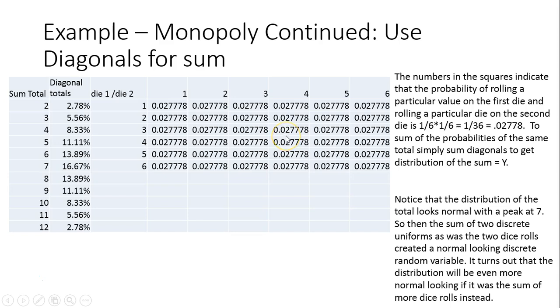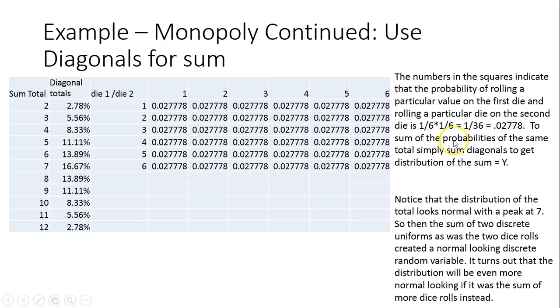Again, it's 1/36, because to get a 3 is a 1 in 6 chance, and a 1 in 6 chance to get a 4 on the other. It's 1 in 36. So let's read here. The numbers in the squares indicate the probability of rolling a particular value on the first die and a particular value on the second die. Any value is 1/6 times 1/6, which is 1/36.